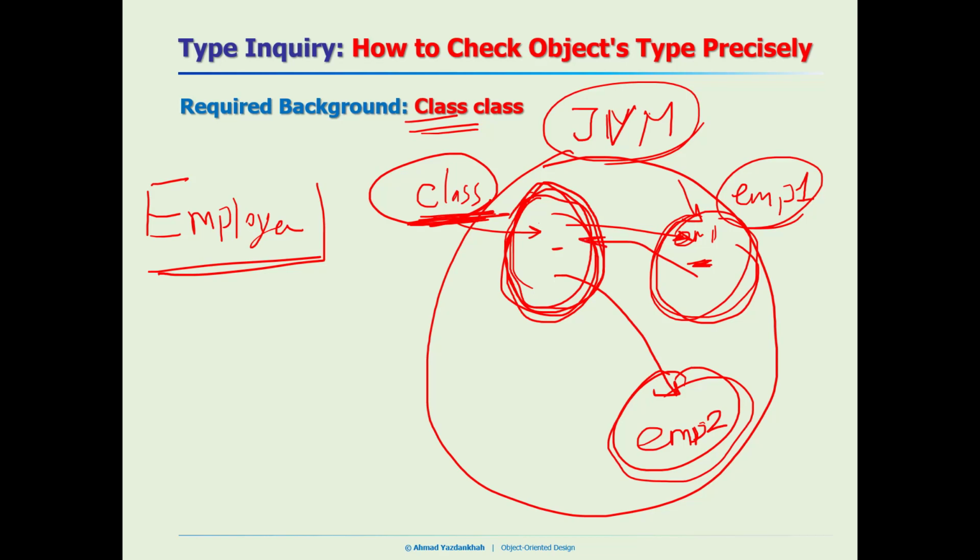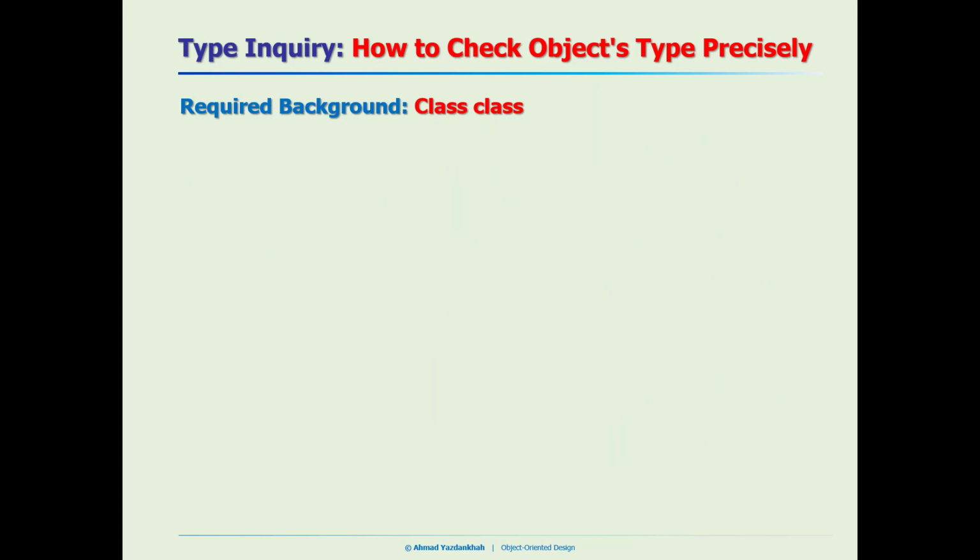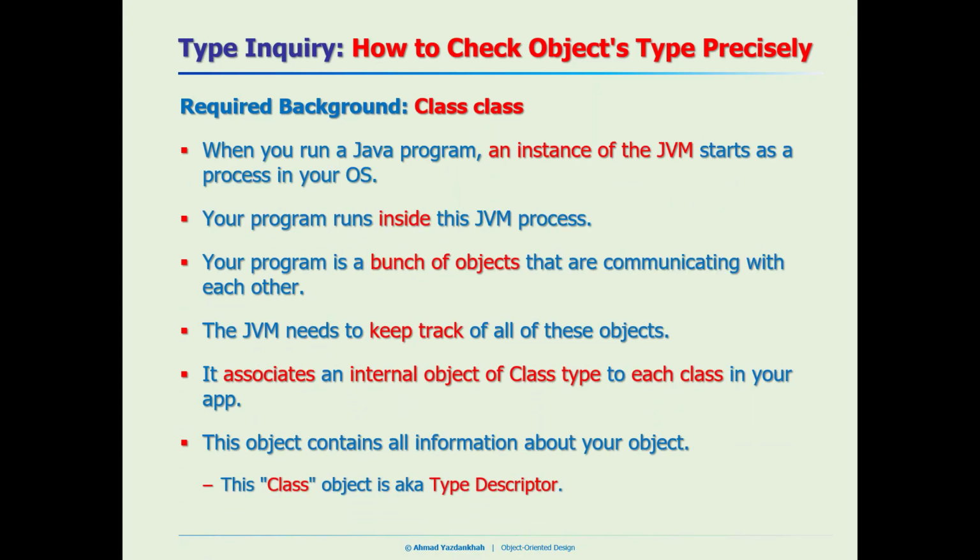I will show you how we can access the information that exists in this class object. So this class is also called a type descriptor. All of the explanation that I just gave you here, I mentioned here for your reference.